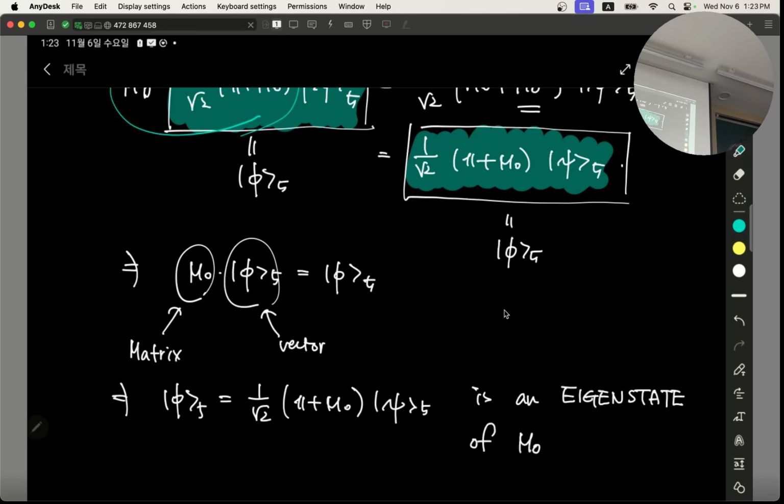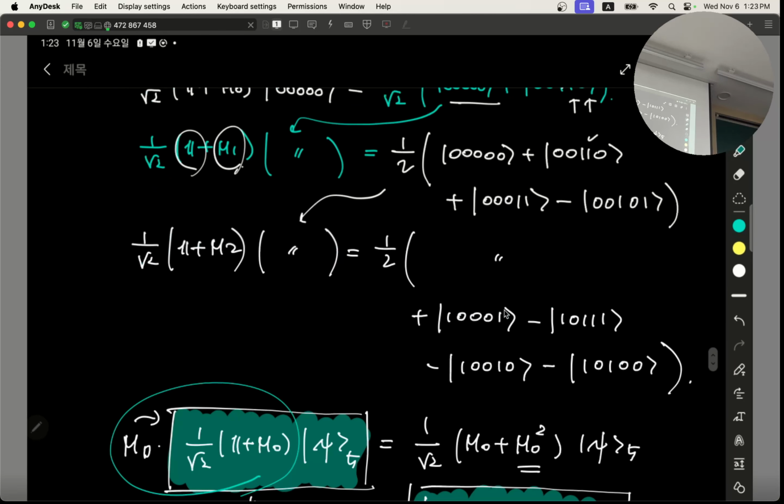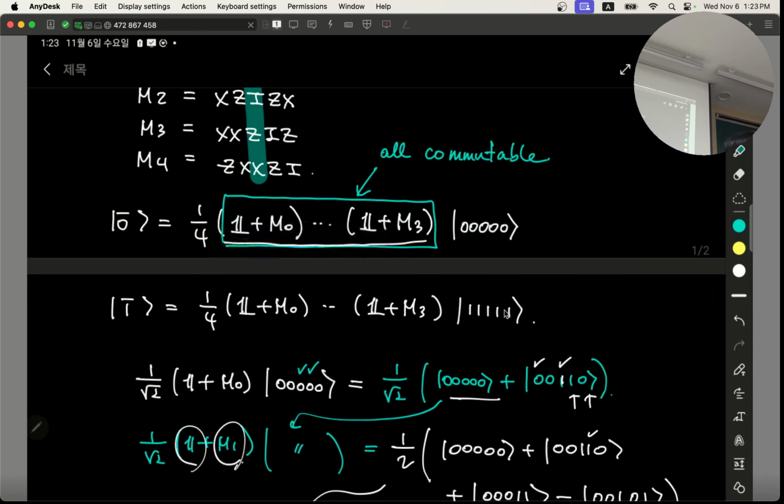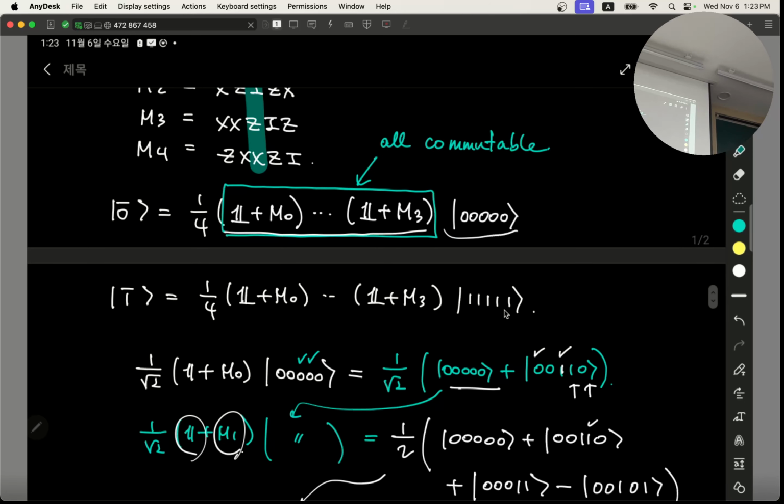So going back to our definition of logical zero and logical one of our state, what we are doing here is making an eigenstate of M0 to M3 by multiplying these gates. By multiplying these gates, we are making this zero base state into an eigenstate of M0, M1, M2, M3.